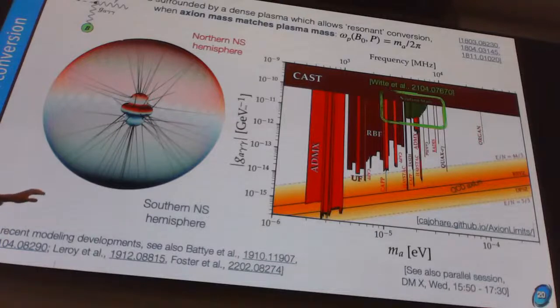The problem is that the axions don't convert in a spherical way, so the signal that you get is not perfectly isotropic, and it comes with some complicated anisotropy. That makes it quite hard to pick up, for example, the relative orientation of the magnetic field and the rotation, or the magnetic field and our line of sight. So it's complicated, I would say.